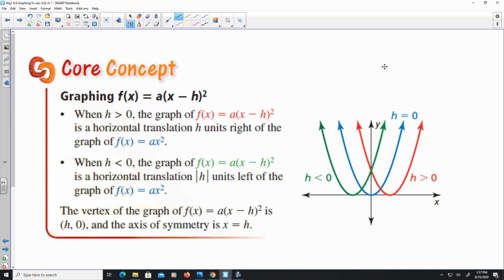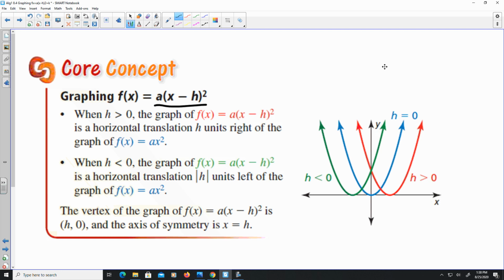As you dive into the core concept of being able to identify the graphs of this new written out function, we're looking first just at f of x equals a times the quantity of x minus h squared.